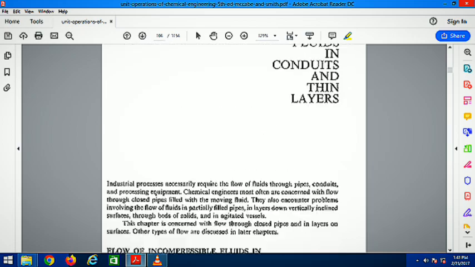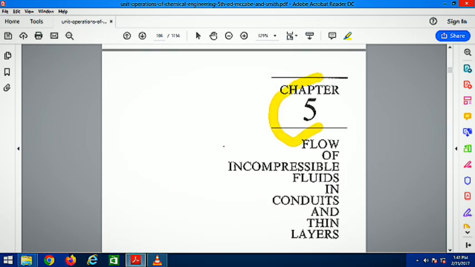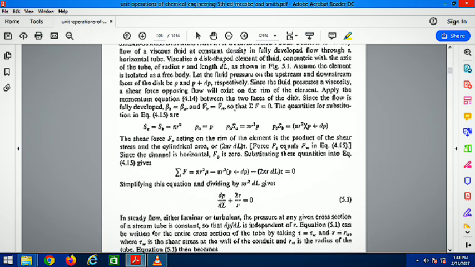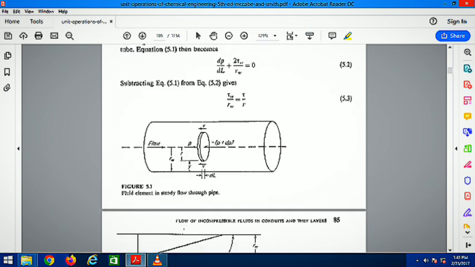Next we quickly move on to the next set of topics in chapter 5. Chapter 5 mainly deals with the force balance in a pipe, where P is from the entrance point and P plus dP is the exit point pressure, and there is a wall shear.